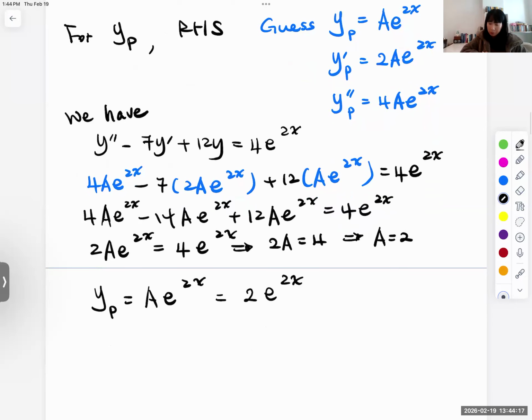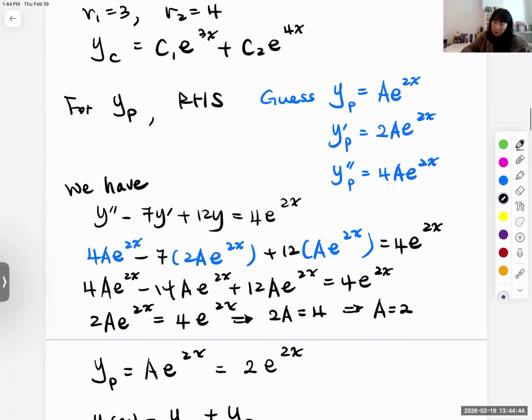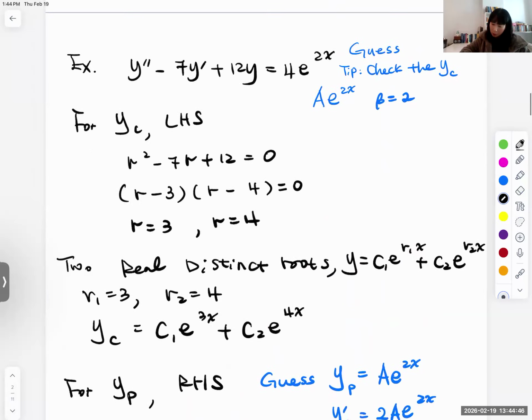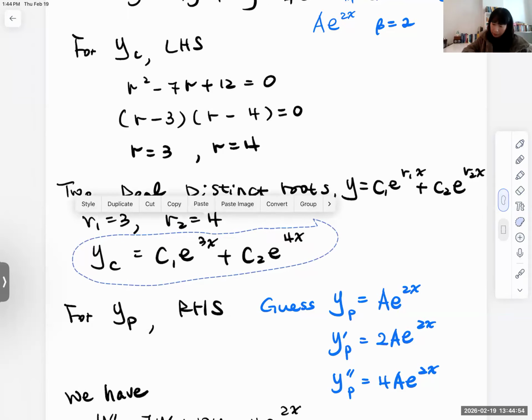Okay, so the general solution for undetermined coefficients: we have y over t, but then we have it in terms of x, so I want to use y of x equal to the complementary solution plus a particular solution. So complementary, we have c sub 1, like that, right? Copy.